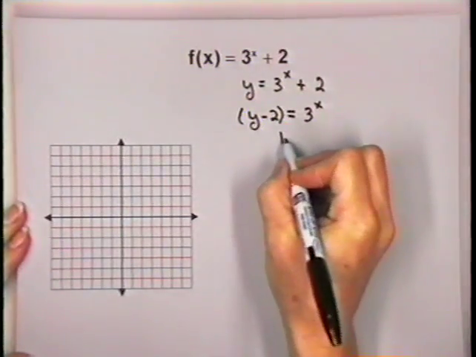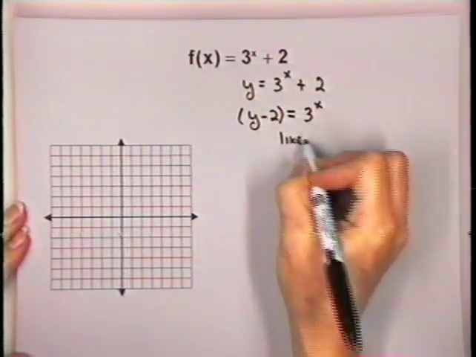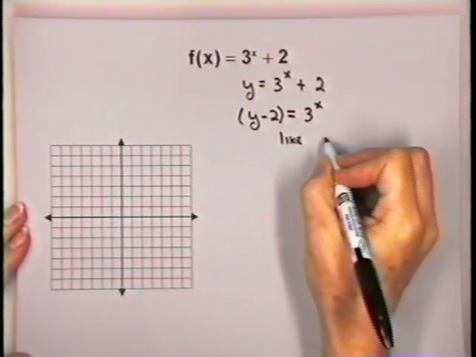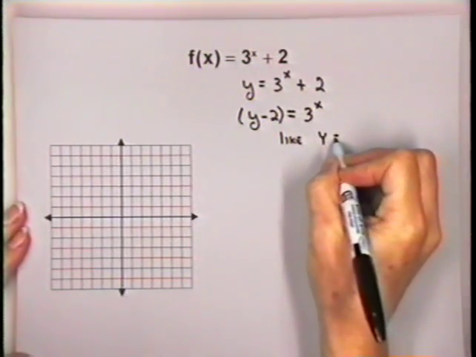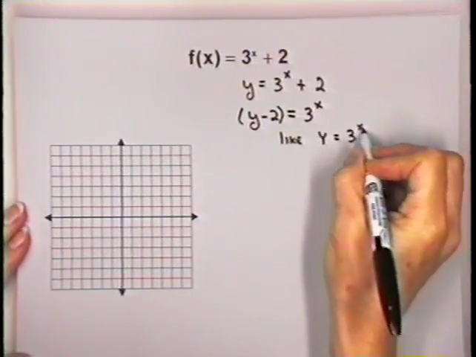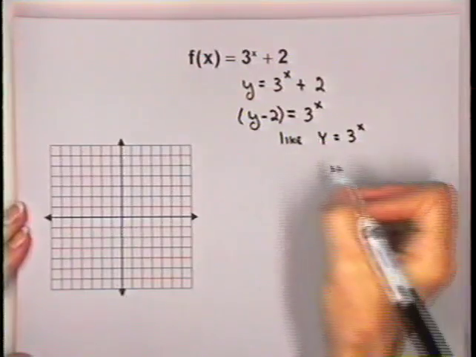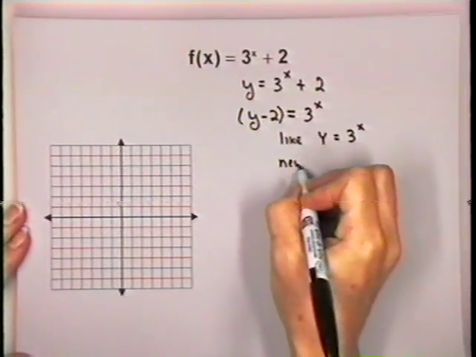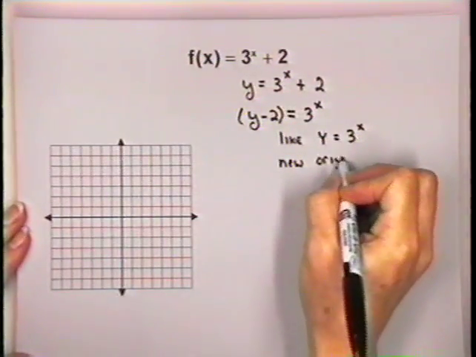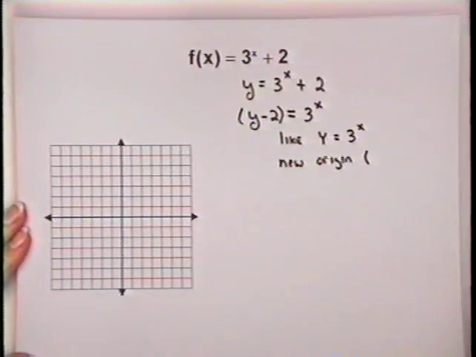What I want you to see is that this graph is kind of like y equals 3 to the x that has been translated to a new location. My new origin, well, let's see.